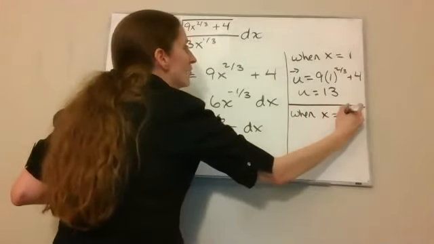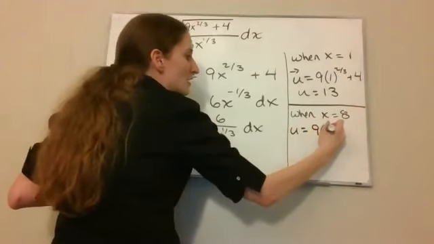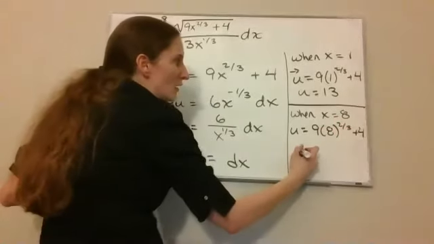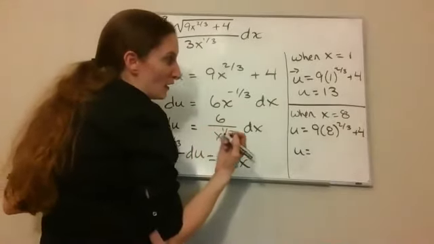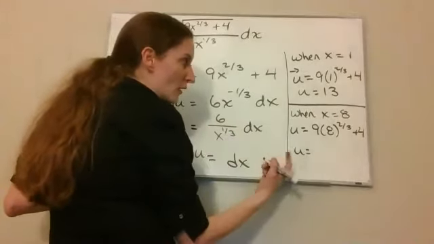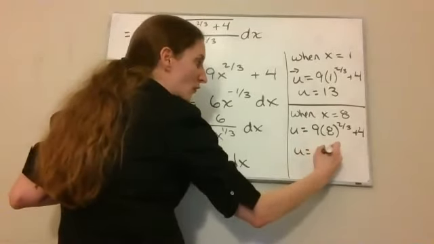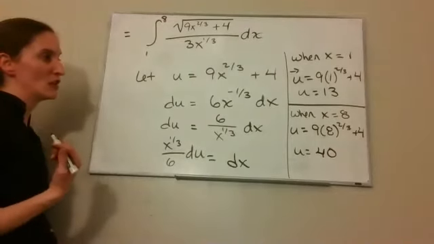When x is equal to 8, my u will be equal to 9 times 8 to the 2/3 plus 4. 8 to the 2/3 is the same thing as 2 squared, which is 4. So I have 9 times 4 is 36, plus 4 is 40. So my bounds are going to be 13 to 40.